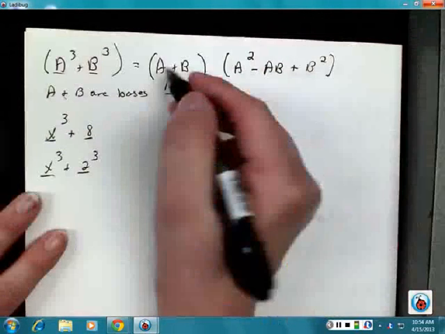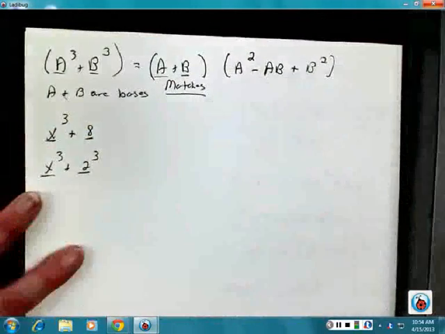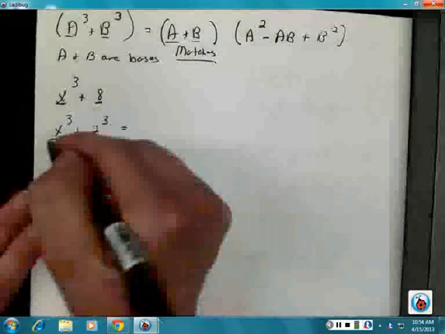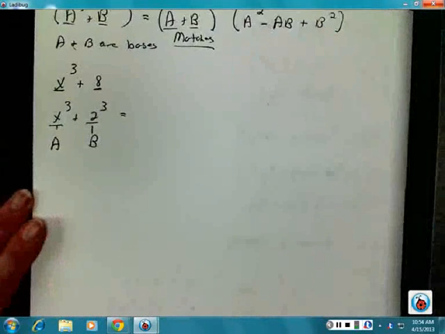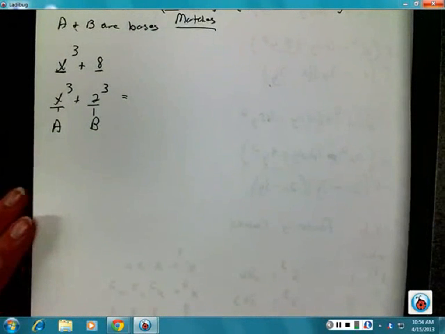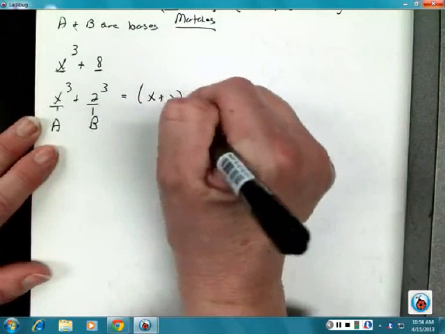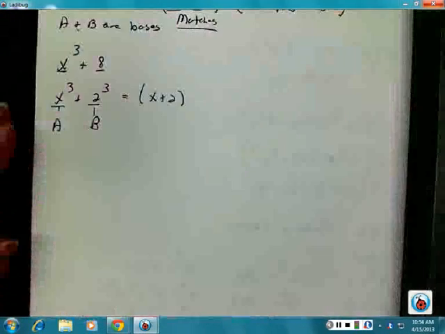So if I know that a and b are my bases, that's the stuff that I plug into my formula. So down here, my a in this case is x, my b is 2, and those are the pieces I plug into my formula. So I'm going to have x plus 2, because I replace a and b with x and 2.